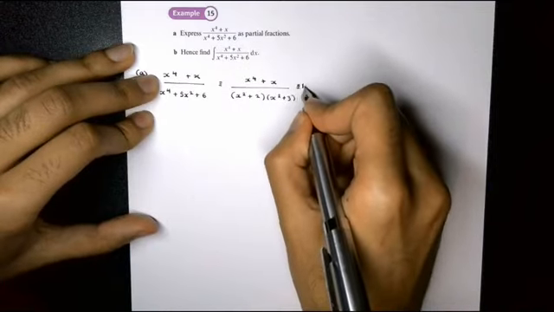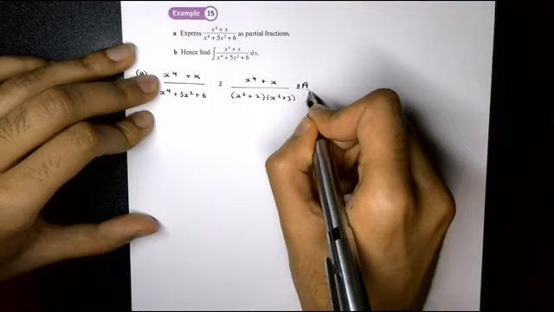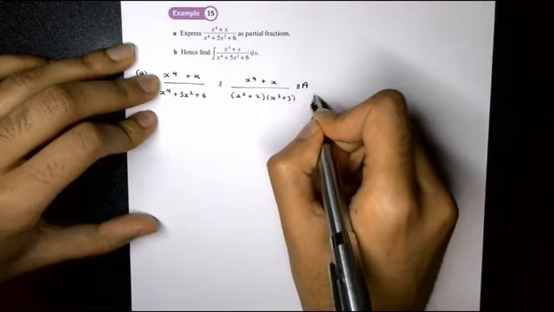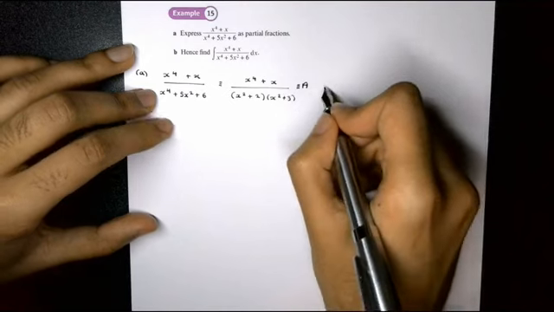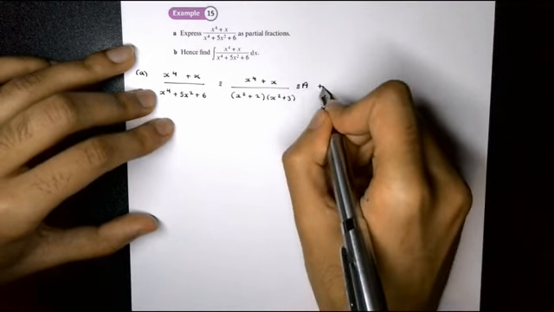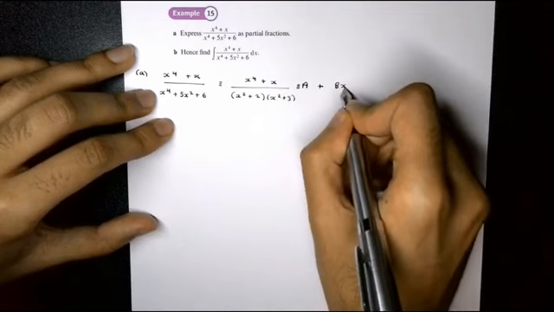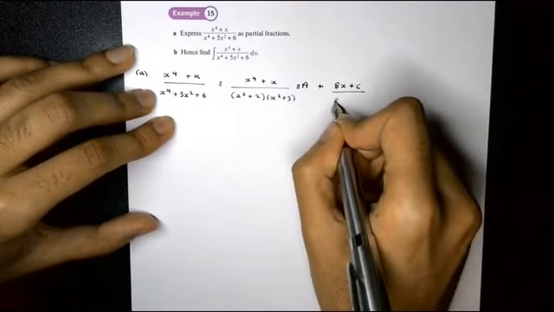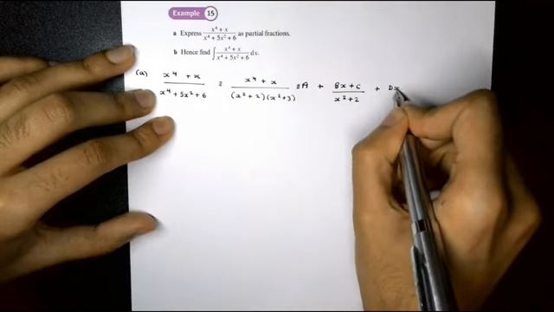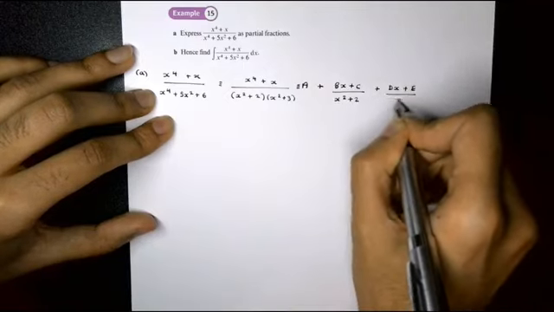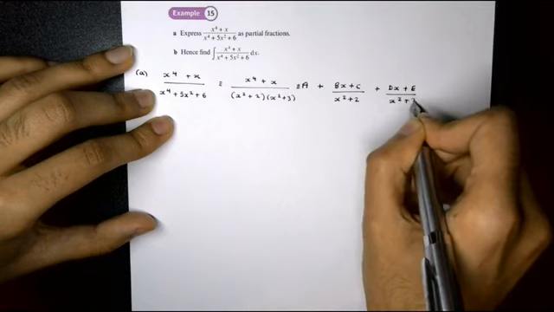So all of this is equivalent to a, our constant term, and our remainder will be a cubic divided by a quartic. So we have a plus bx plus c over x squared plus 2 plus dx plus e over x squared plus 3.